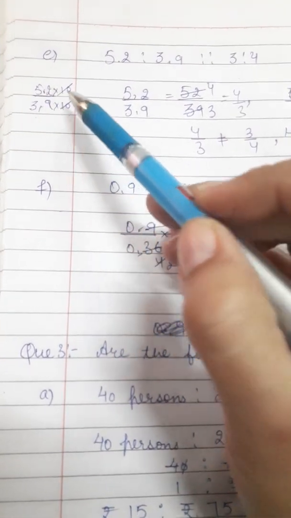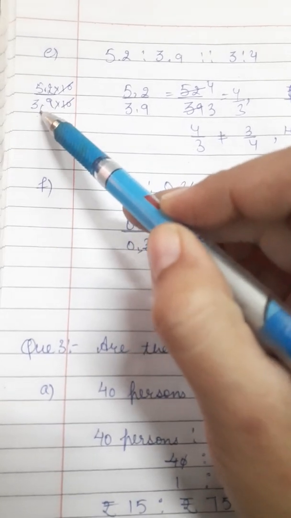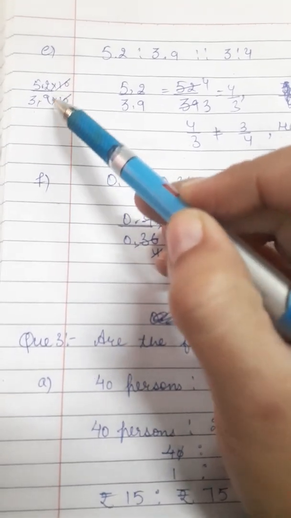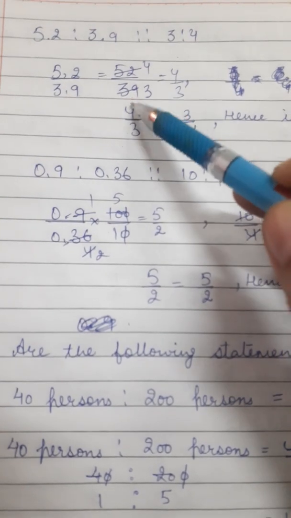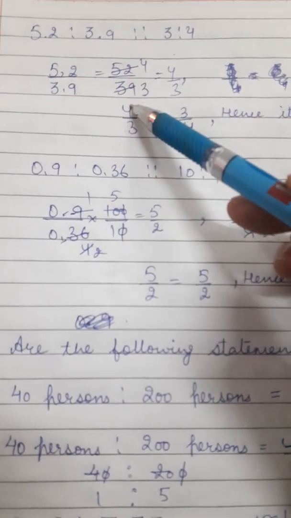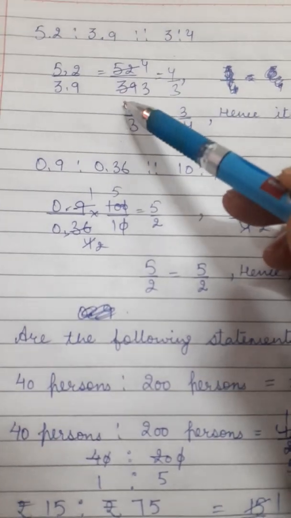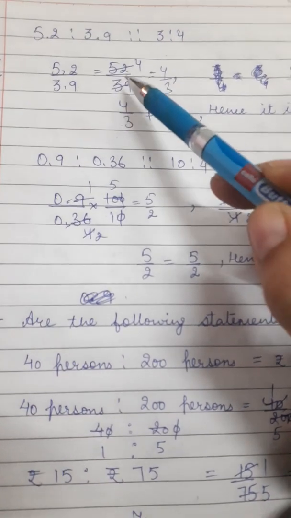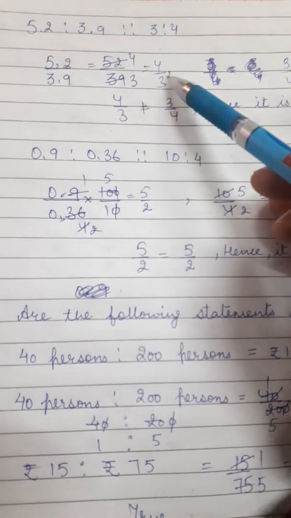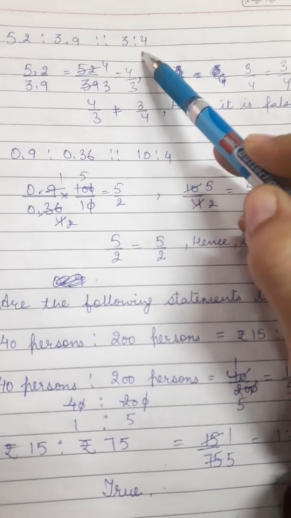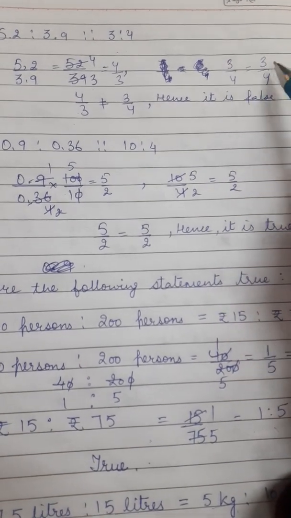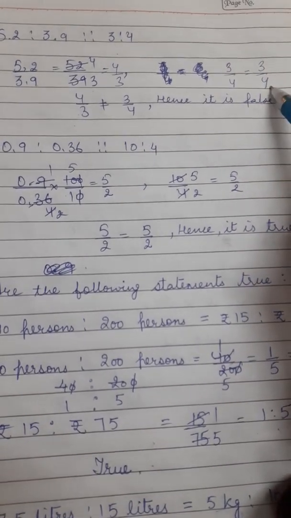If you remove the decimal of 5.2, 10 will come. If you remove the decimal of 3.9, 10 will come. 10 and 10 cancel. Now you will get 52 upon 39 and these both numbers can be reduced by the table of 13. 13 fours are 52, 13 threes are 39. So after reducing the fraction you will get 4 upon 3. Now on the right side we have 3:4. So 3 upon 4 cannot be cancelled, beta, 3 upon 4 will remain.